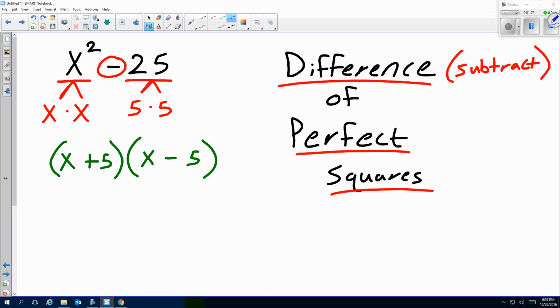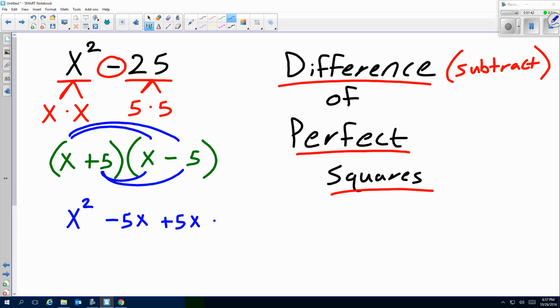Let's check our math a little bit. What happens if I were to multiply these two things back together? I get x squared, I get negative 5x, oh, now I get positive 5x, and then lastly I'm going to get negative 25.